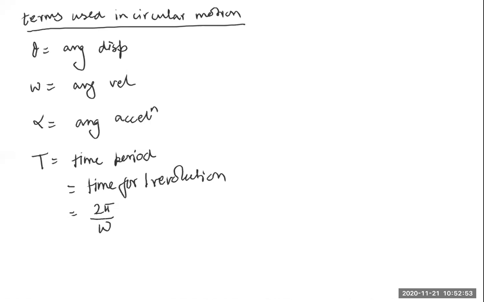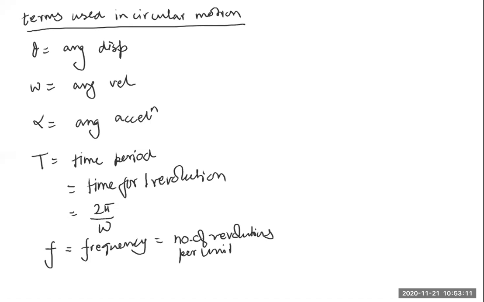Okay, and then we have F, which is frequency, and this is equal to the number of revolutions per unit time. ये time period का उल्टा है.